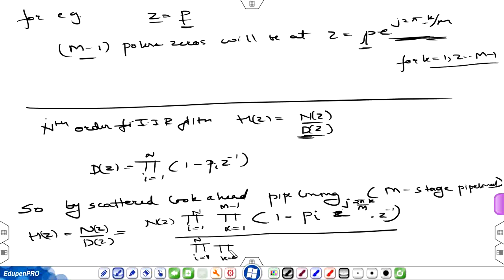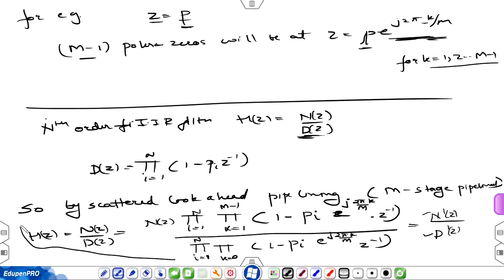So that's why we start k equal to 0, because we have to also include the poles which are already present. So now 1 minus p_i e raised to power j 2 pi k by M z to the minus 1, and we can write this as N'(z) over D'(z), the new numerator and denominator. This is how you can perform a scattered look ahead pipelining.